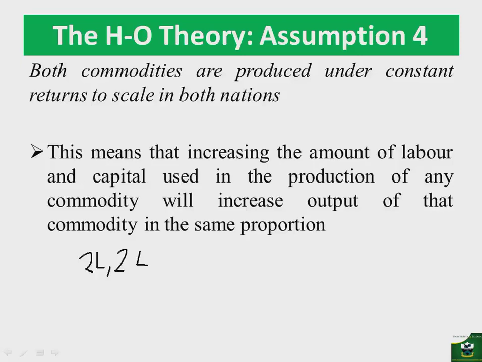Let me take this opportunity to assume a Cobb-Douglas production function. Let's assume we have a function f, which is a function of labor and capital, and this function takes the form L to the power 0.5 and K to the power 0.5.